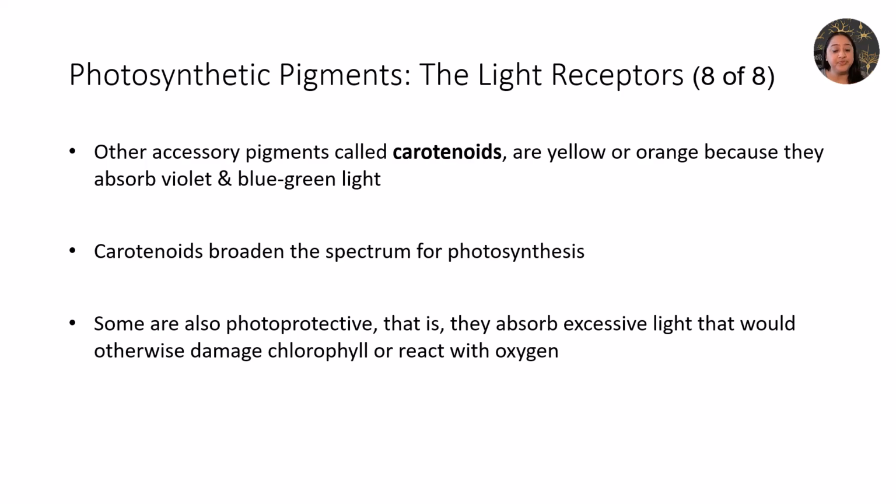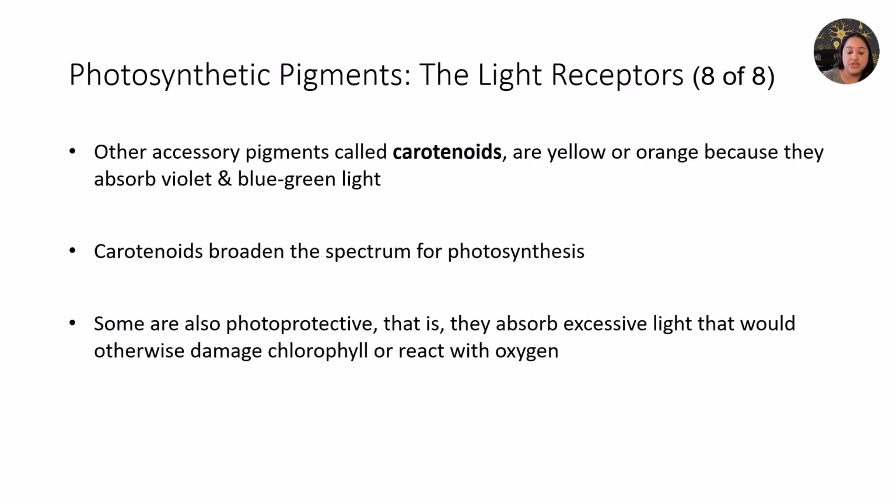So there are also other accessory pigments called carotenoids. And you might think that sounds familiar. That is in carrots. So carotenoids appear yellow or orange because they absorb violet and blue to green light. So, yeah, carrots look like that, and they are orange.